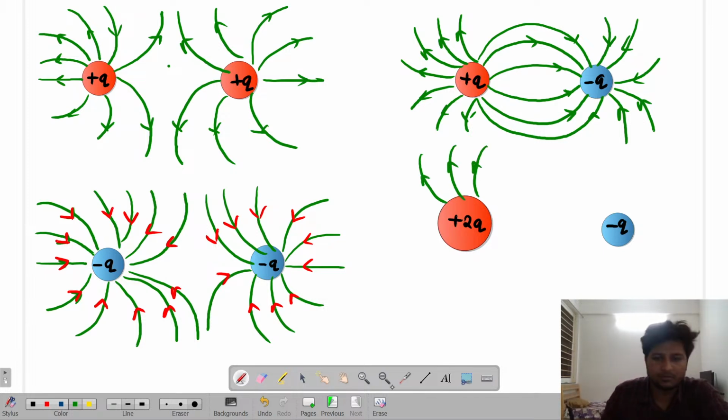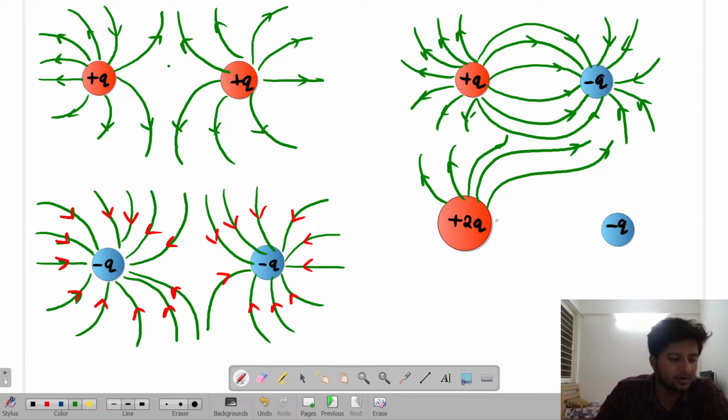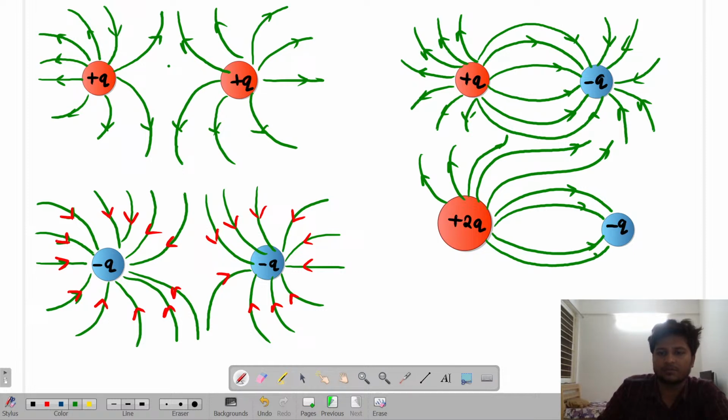And some of them are not even trying to enter minus q, because minus q can attract only a limited amount of field lines. A very limited amount is getting attracted towards minus q.